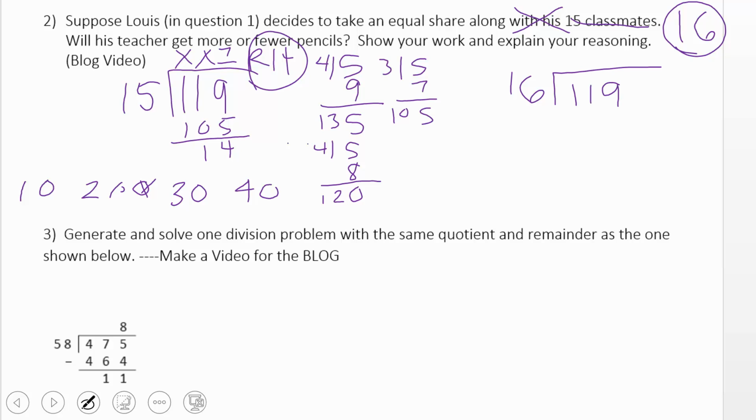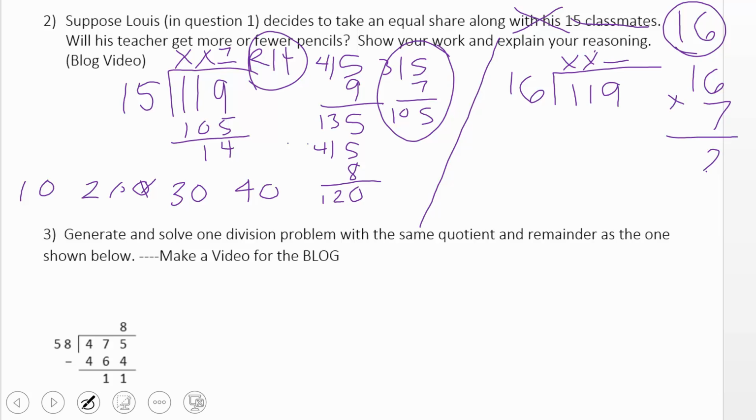So I have to divide 119 divided by 16. I'm still going to think, okay, I have my X and my seat, so I have a 1-digit quotient. If 15 times 7 is 105, maybe I'll try 16 times 7 and see if it fits in.